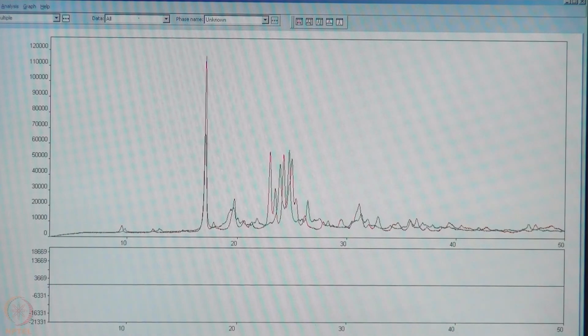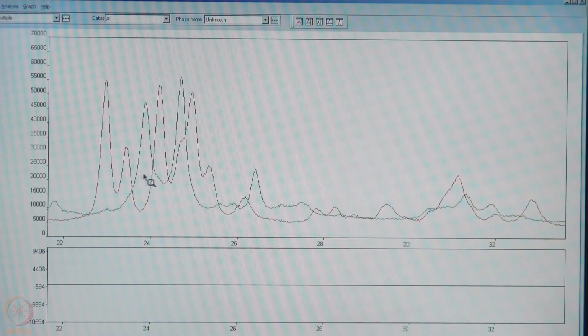If we know that the sample contains a particular compound and it was crystallized by 2 or more different methods from different solvents and so on, and we have a powder material originating from the same compound, by 4 or 5 different crystallization methods yielding differently looking crystals, then the powder X-ray diffraction pattern has to be recorded on all the samples, all the powders, and then compared like this by peak to peak matching to see whether there is a difference in powder pattern as we are seeing here.